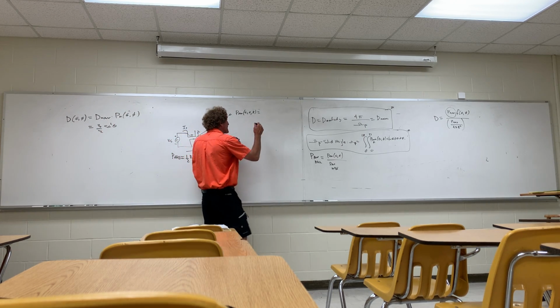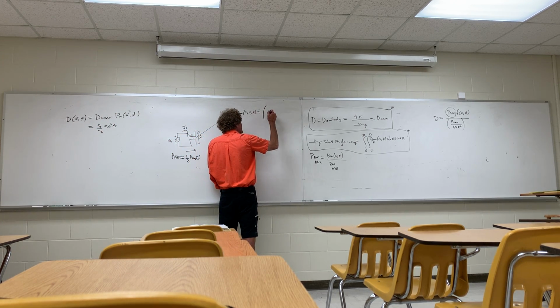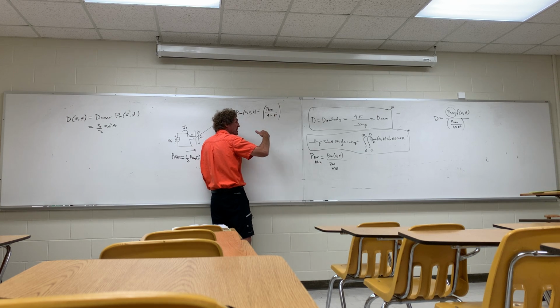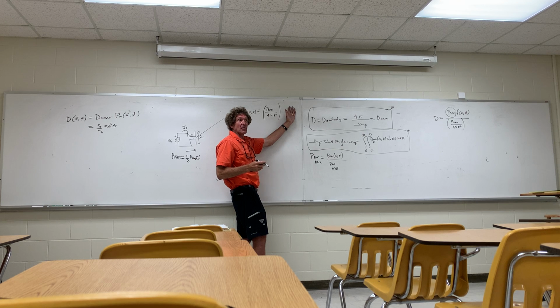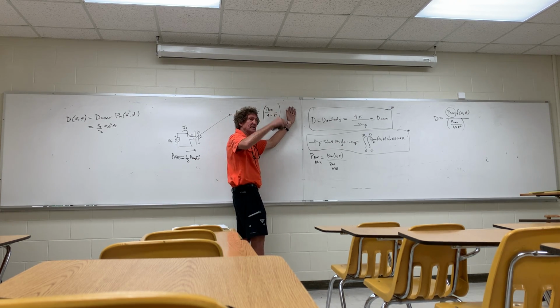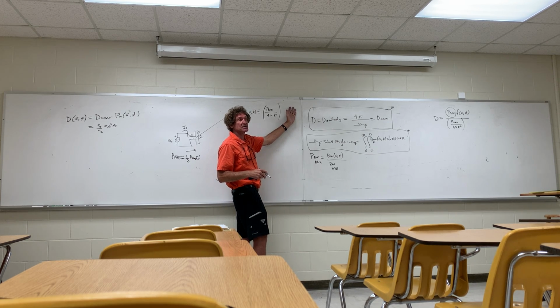Now, what I do is take the isotropic power density, which is P rad, the radiated power, over 4 pi r squared, and then multiply by the directivity. Remember, the whole benefit of defining directivity is how much better it is, or worse, than an isotropic radiator.